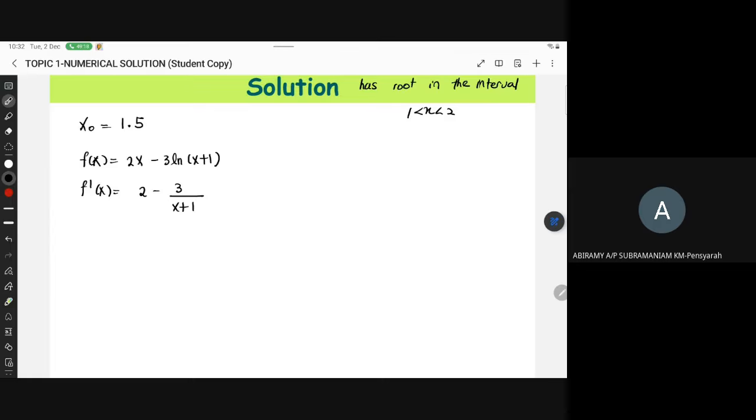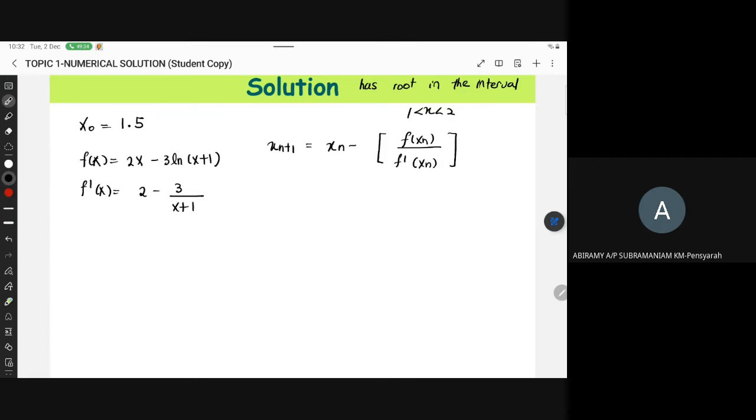Okay, so what is Newton-Raphson? x(n+1) is x(n) minus f(x(n)) divided by f prime (x(n)).